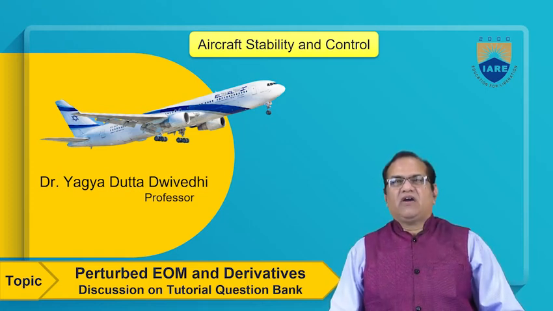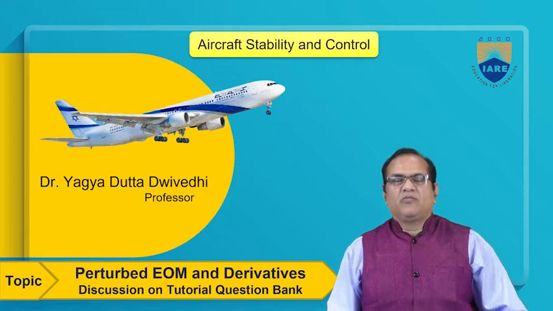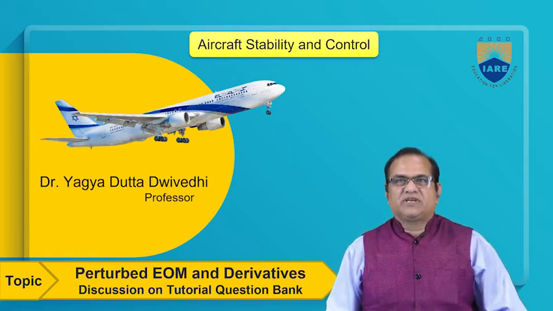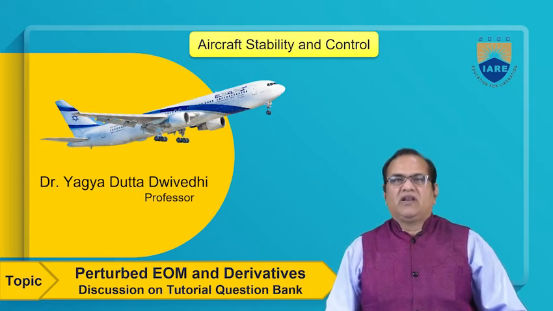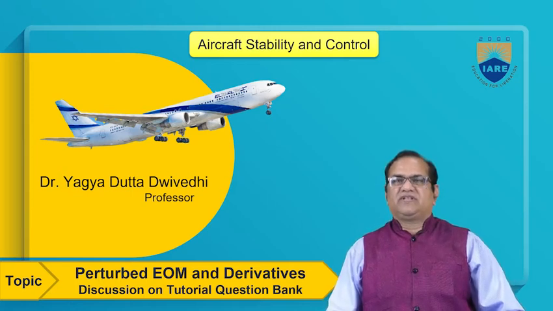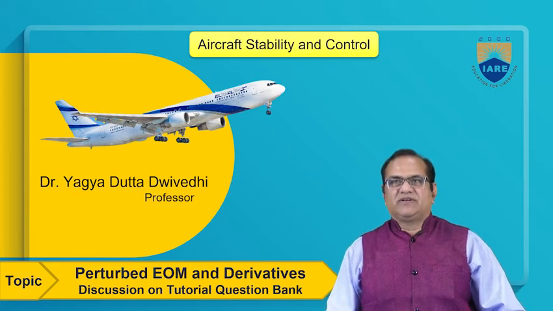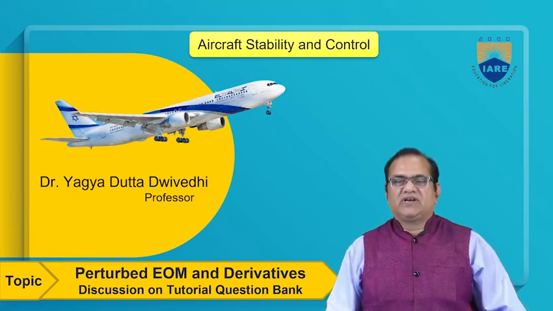As you know, we have covered most of the chapters previously, starting from module 1, that is longitudinal static stability. Then we started with module 2, which is lateral and directional static stability. Module 3 was aircraft equations of motion. Then module 4 was perturbed equations of motion, and in that we went through the different derivatives.